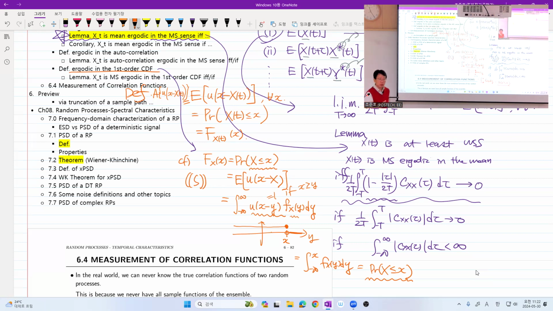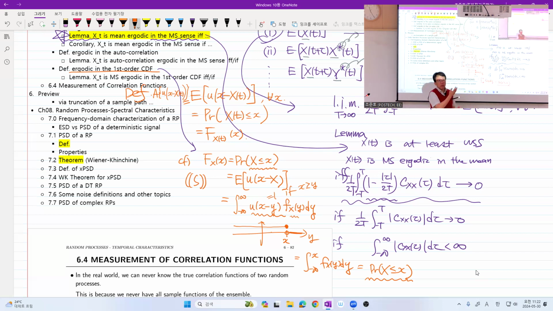Now here it goes. You assumed ergodicity, but that does not justify your assumption. But you know from the lemma that it is ergodic if and only if the covariance function satisfies some condition. So at least by using this lemma, you can check whether your assumption is totally wrong or not.